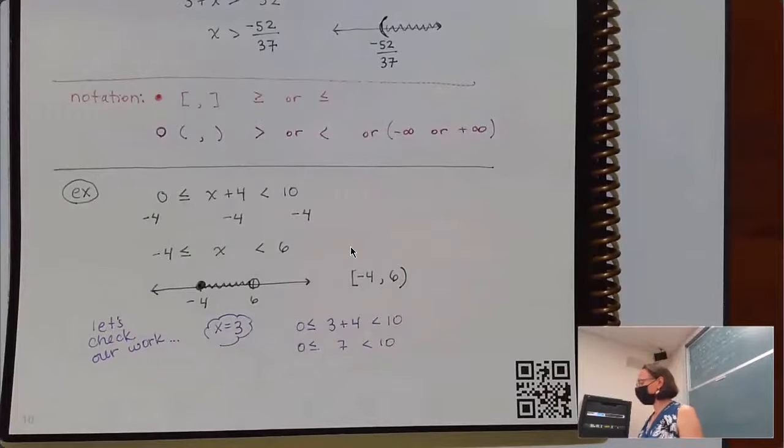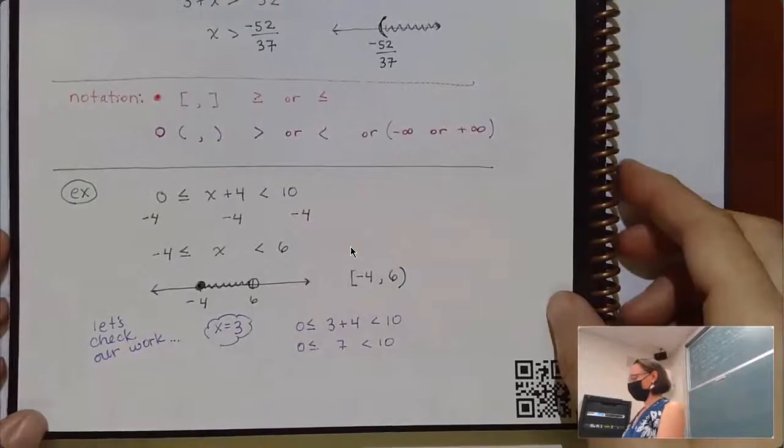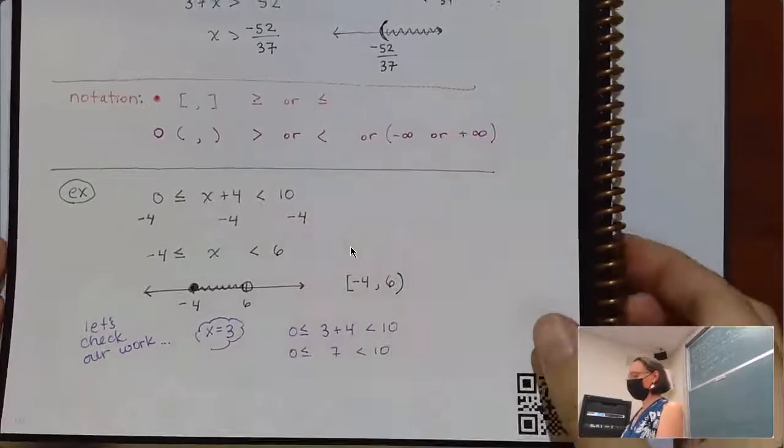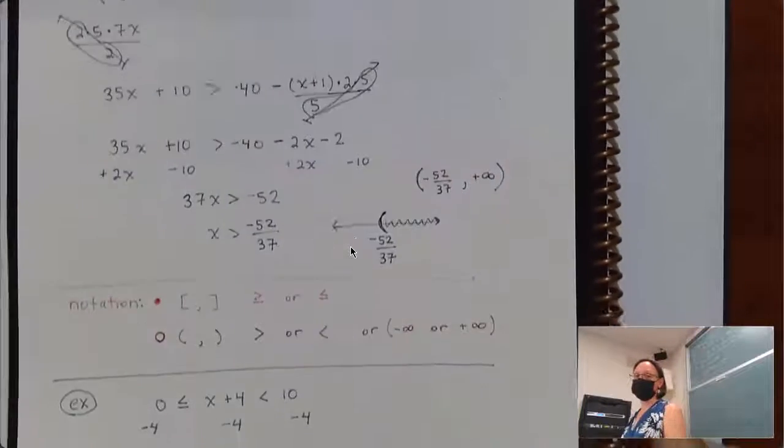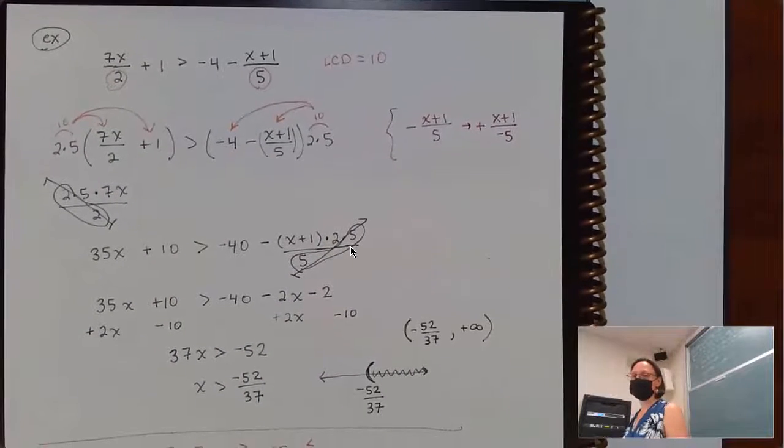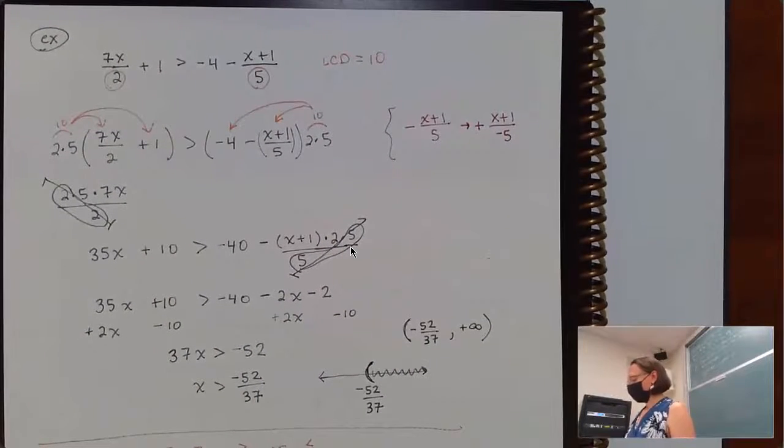I will tell you that I like to plug in 0 because it's usually easy to mess with the problem if it's a 0. So if we go back to the previous one, that's kind of gross.